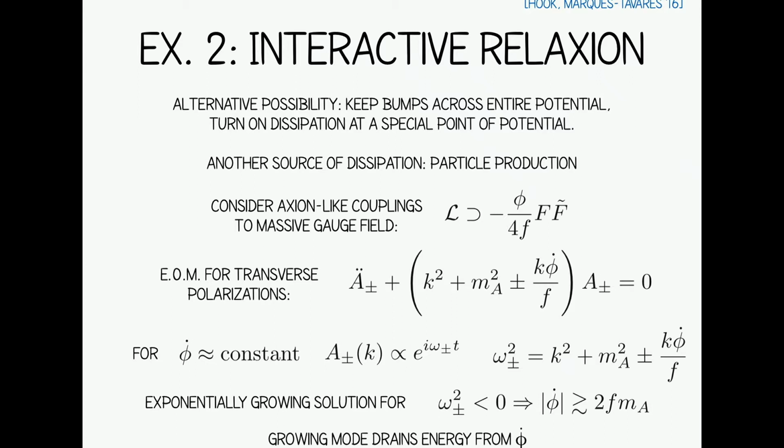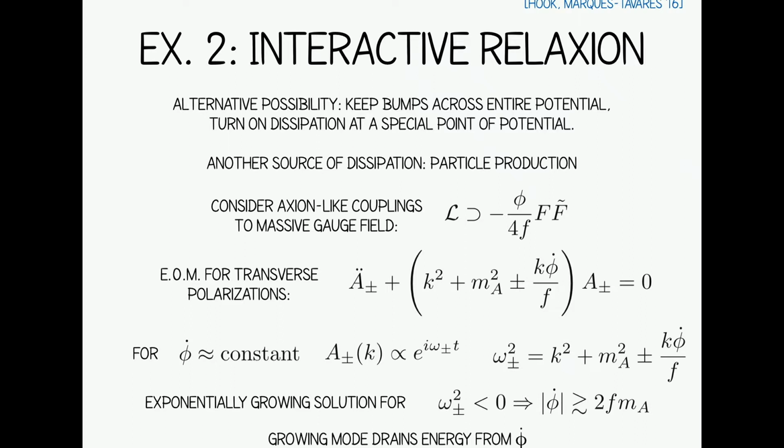If I have this field phi that's evolving down its potential with these bumps, and the position of phi is related to the mass of the gauge bosons, so the mass of the gauge bosons is scanning as I go along this potential, then at some point, if the mass of the gauge bosons is scanning from larger to smaller, this term will become smaller than the kinetic energy stored in phi, and now phi will be able to dissipate energy into particle production of the gauge bosons.